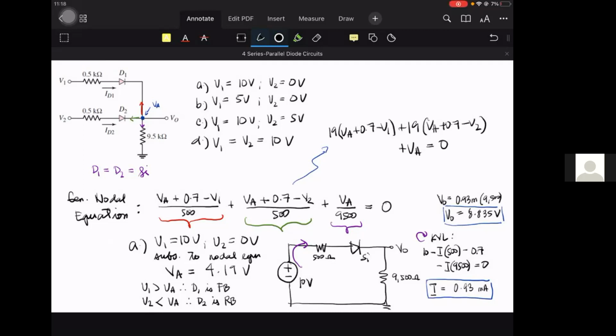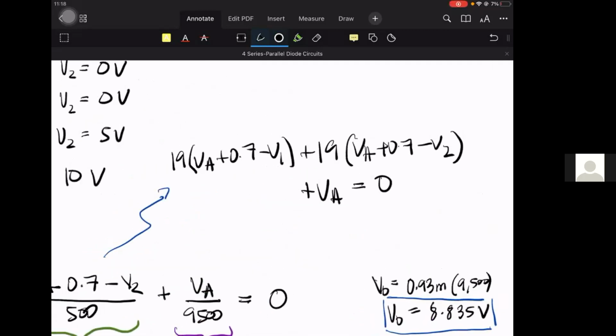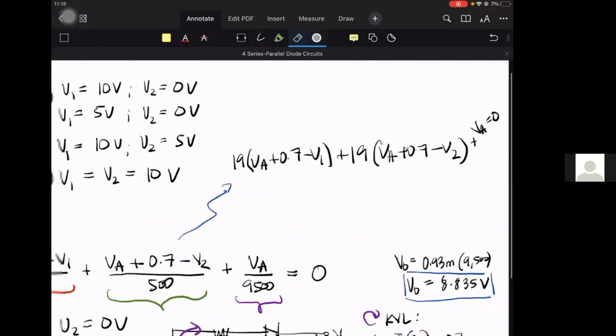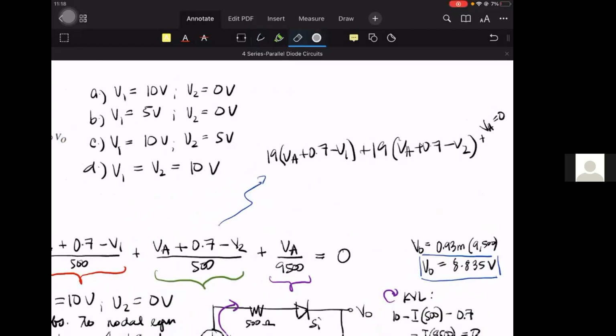That's how the equation looks. And solving for VA, how much is the coefficient? 19. Check that.